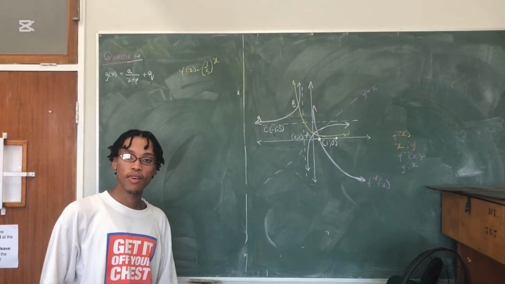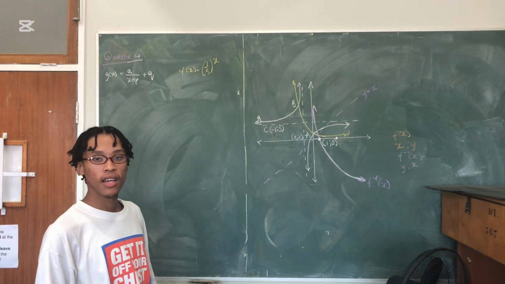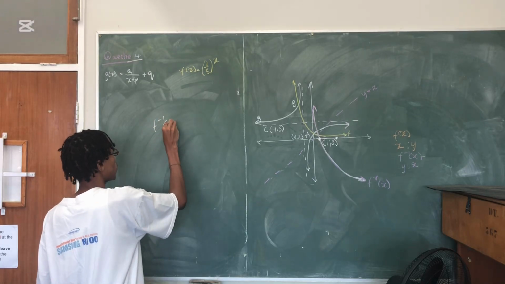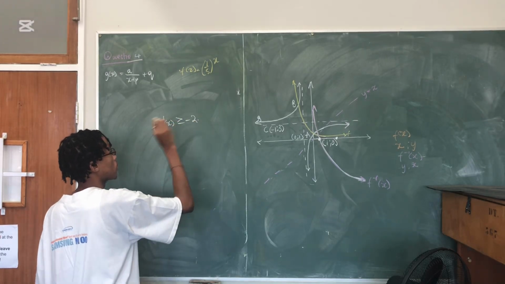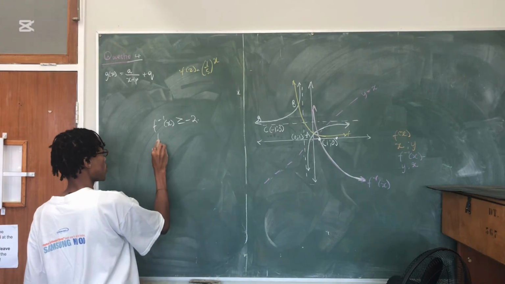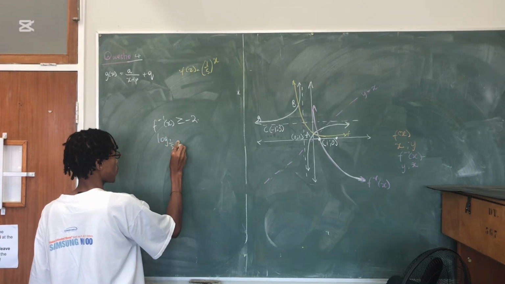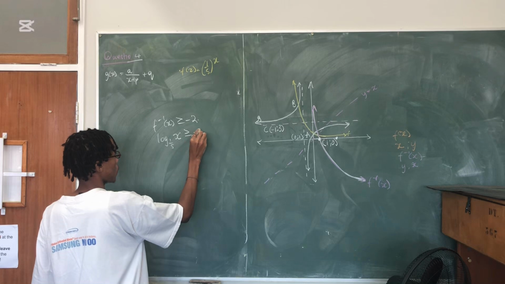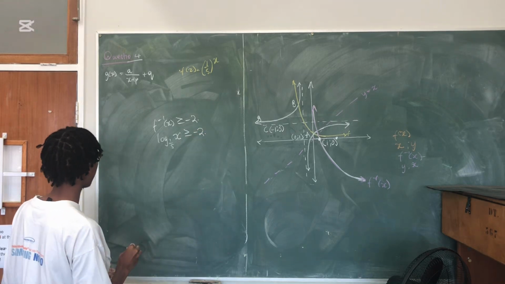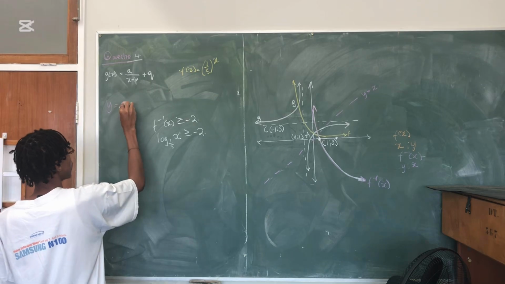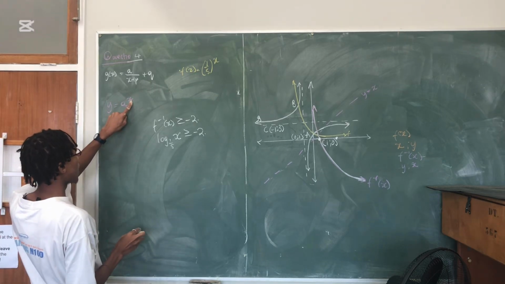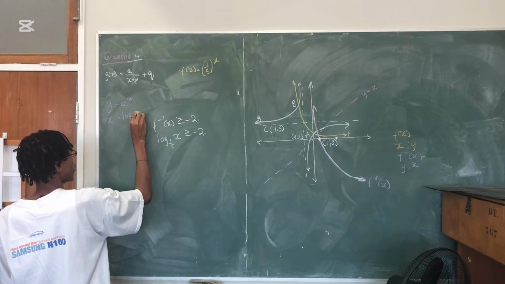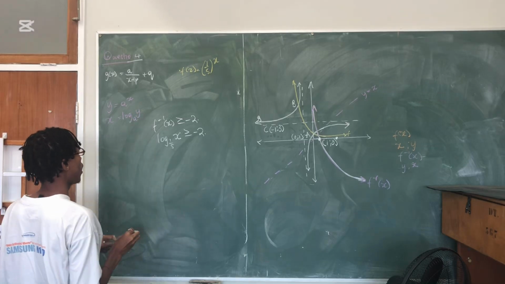Next question is asking us to find values of x that will allow the inverse function of f to be greater or equal to -2. We can substitute our equation that we got, log base 1/5. We do know that from our log functions, if we have y is equal to a to the power x, making x the subject of the formula, we use log base a of y.